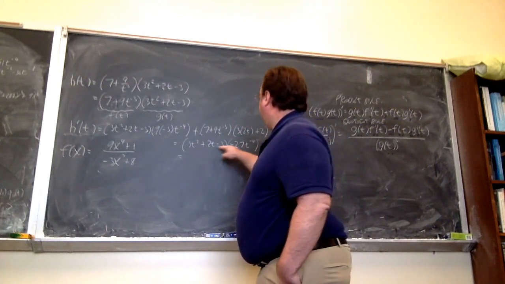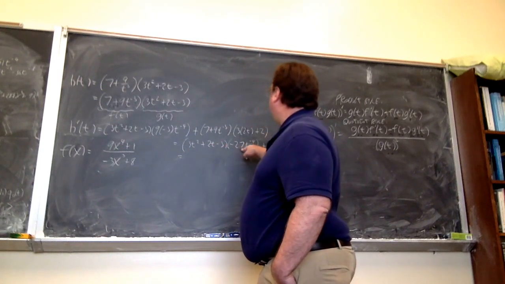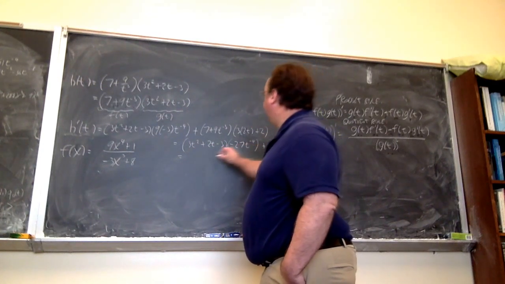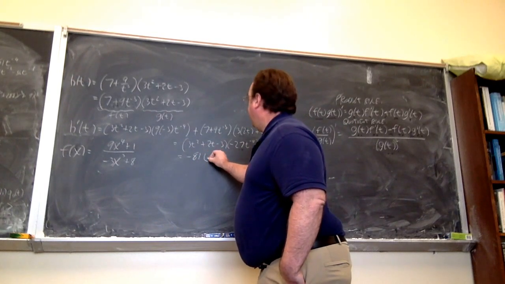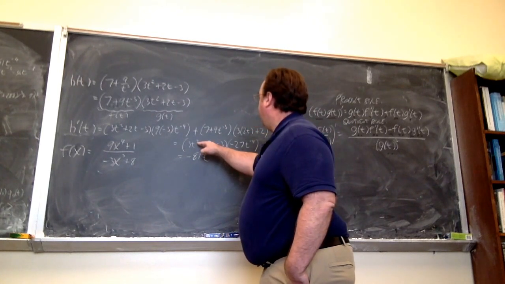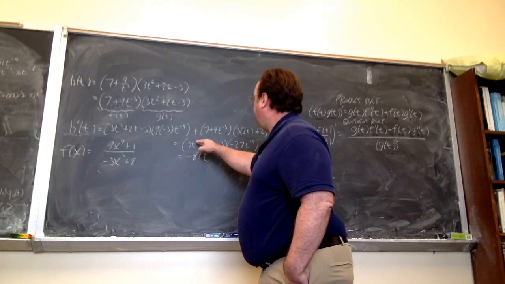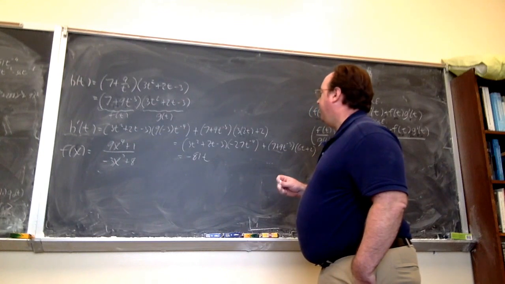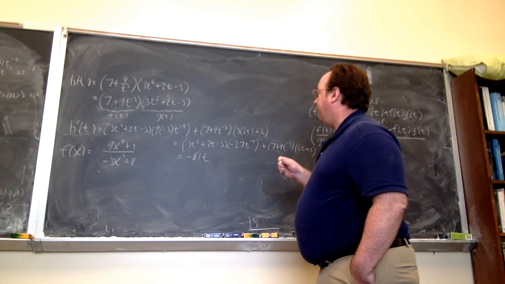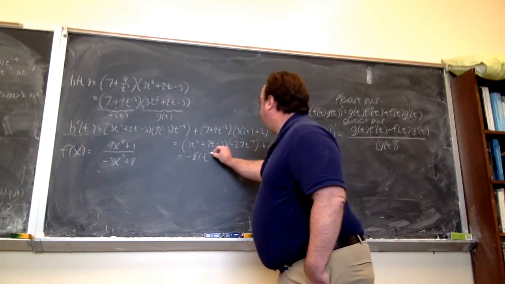So we have 3t squared times minus 27t to the minus 4, that's minus 81 t to the, so I have t squared and t to the minus 4, but you add the exponents, so that would be t to the minus 2.